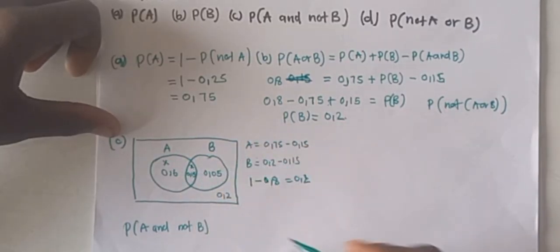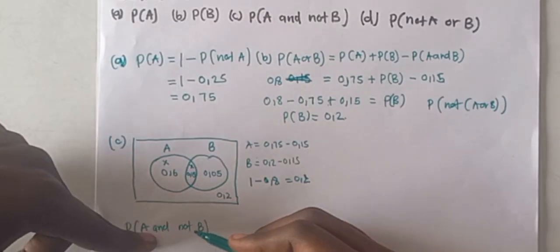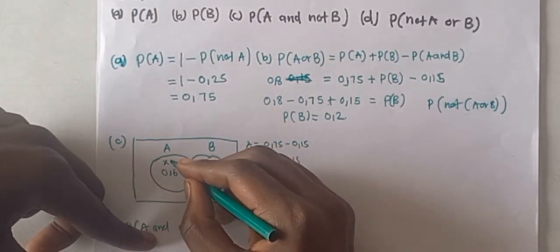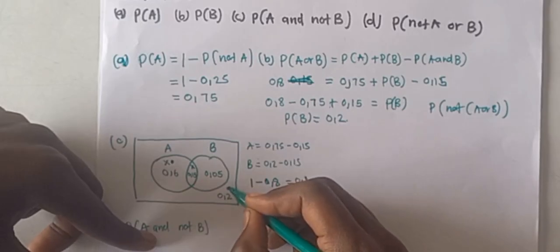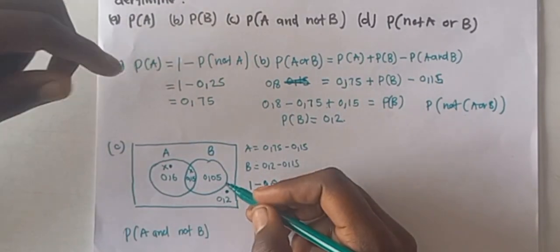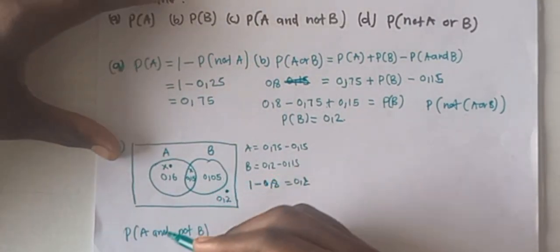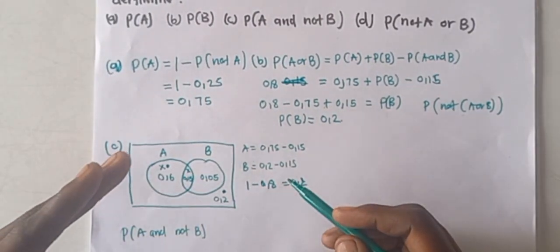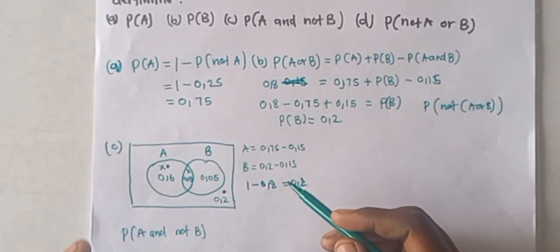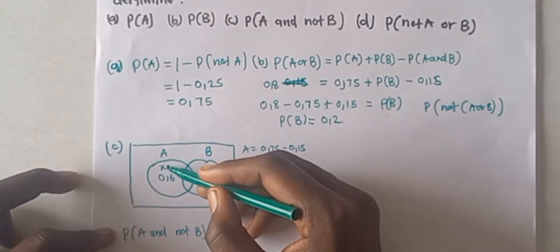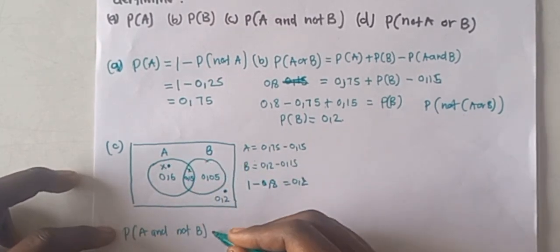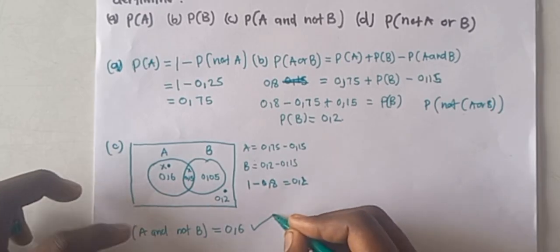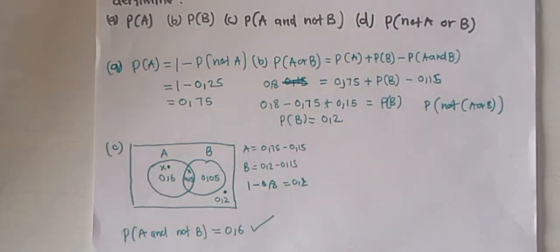Now, what is everything that is not B here? This thing is not B, and also this one is not B. When we talk about AND, what do we mean? We take the one that has both markers. I made a video about this. We take the one that has both symbols here. So the probability of this one is going to be 0.6. So this is the probability of A and not B.